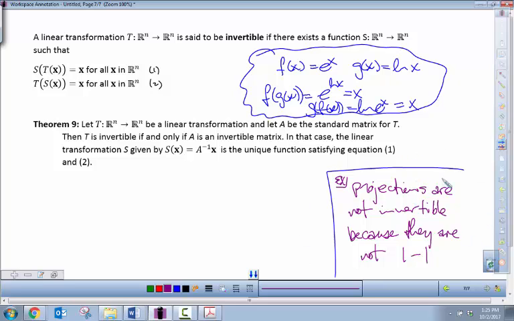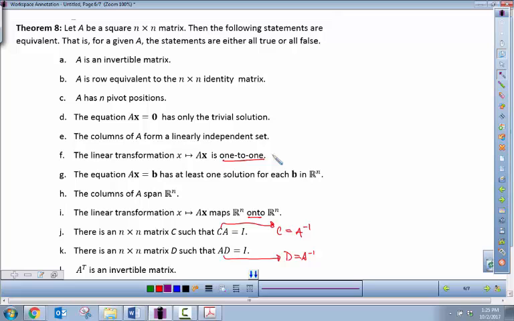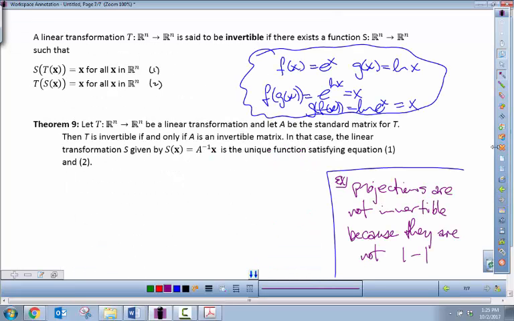Maybe this comment would have been good on the previous page when we were talking about this thing being one-to-one. So maybe I'll just put it there. If the columns are not linearly independent, they're not going to be invertible. So if you have column vectors that are not linearly independent, then it doesn't work.